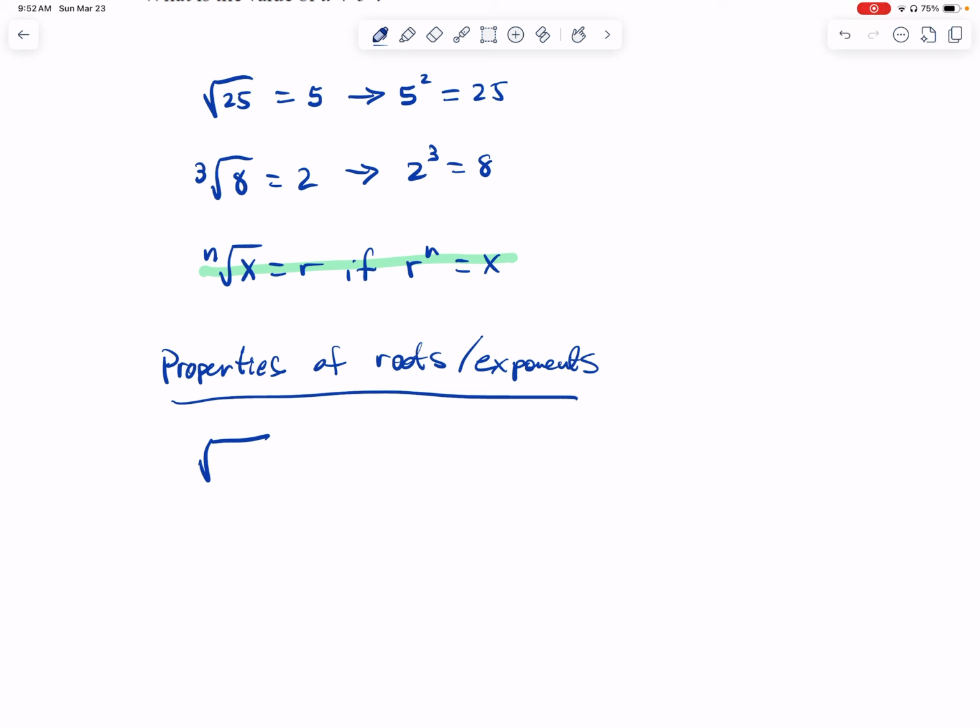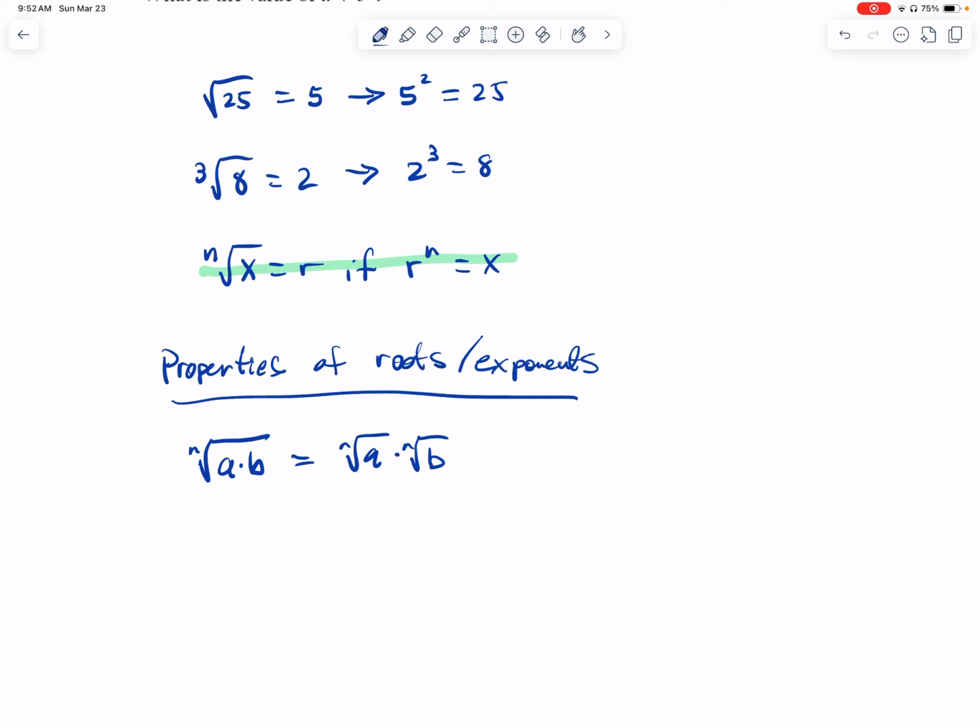If I have the square root of a times b, this is equivalent to the square root of a times the square root of b. In other words, you can break up these square roots, and it goes both ways. This is one of the ways we usually simplify square roots. And this would also work no matter what the index of the root is, whether it's a third, square, fifth, eighth, or whatever.